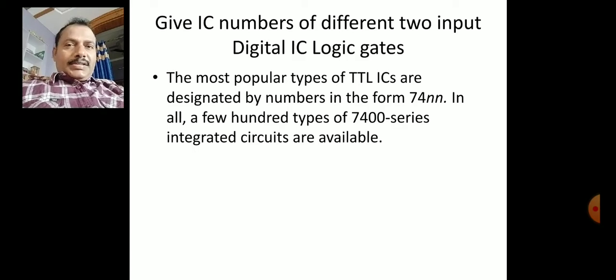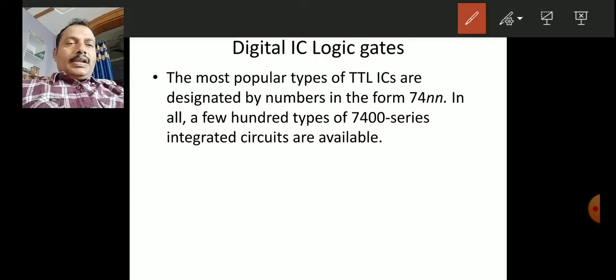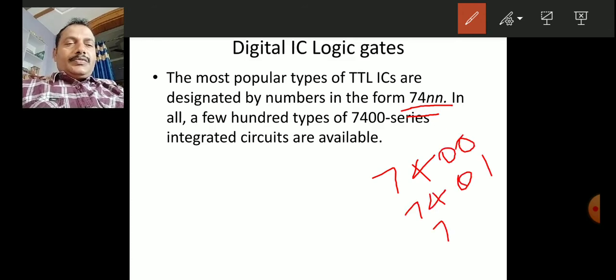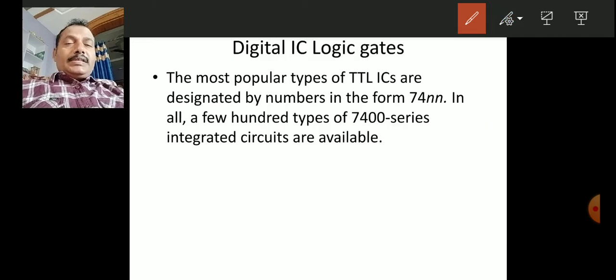So now let us see once again, the TTL ICs are designated by the numbers 74NN. 74NN means in all a few hundred types of 7400 series integrated circuits are available. Examples: 7400, 7401, 7408, like that. There are many types of ICs available, which we will discuss later.